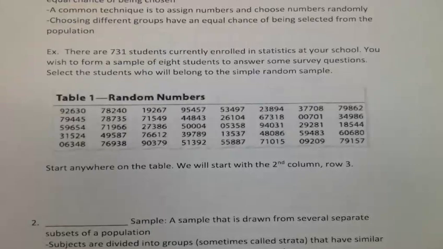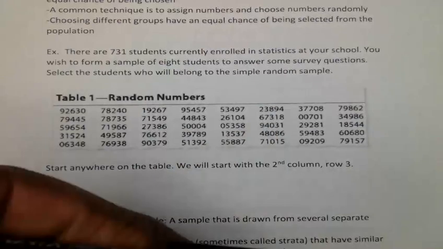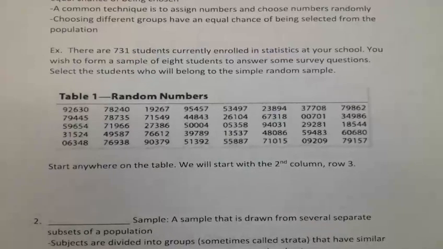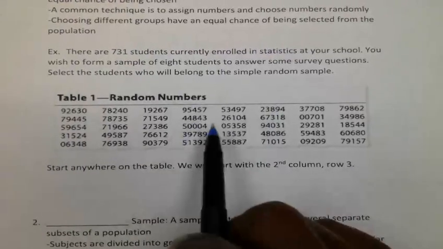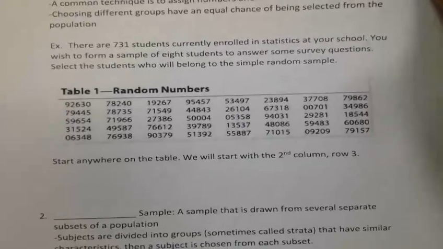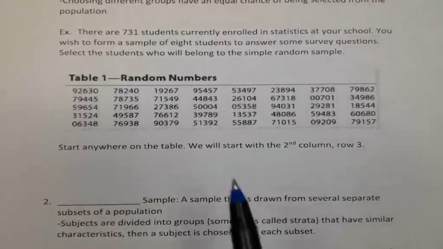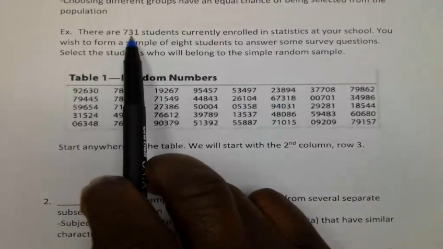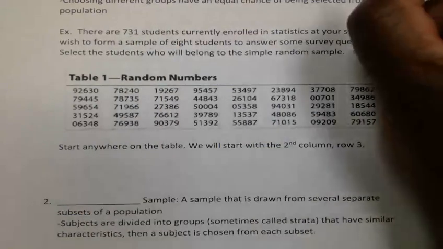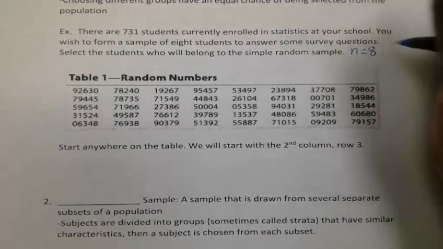Already labeled may mean phone numbers, student ID numbers, house numbers, any kind of way that you're already labeled. If not, then we'll give out numbers and then choose randomly. All right, so we have 731 students, and a sample of 8, so that means n is equal to 8.